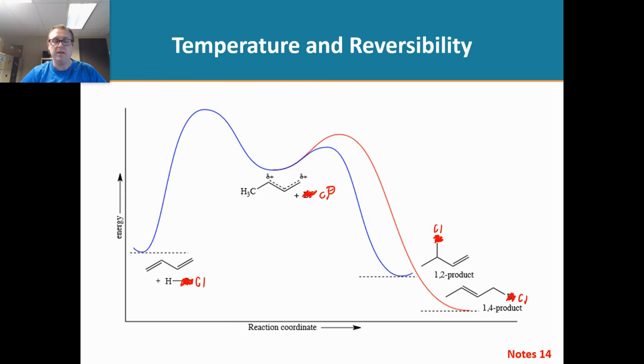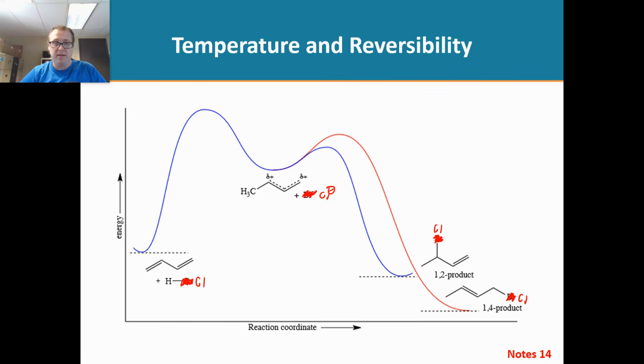Okay? But I did say that in cold temperatures, the reaction is under kinetic control, which gives us this product right here. And at higher temperatures, the reaction is under thermodynamic control, which gives us this product. Okay?